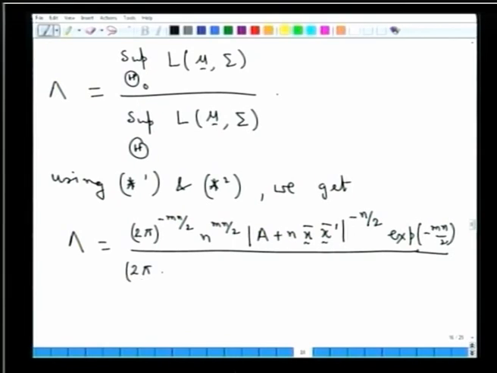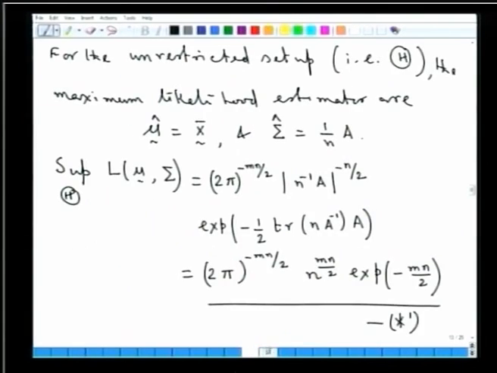The star 1 expression, remember, had a similar constant. These constants are exactly the same, and if we look back at what was star 1, I just missed out this term here. This term was sitting here, so this term would come out here. So we will have this as determinant of A to the power minus n by 2 as well.